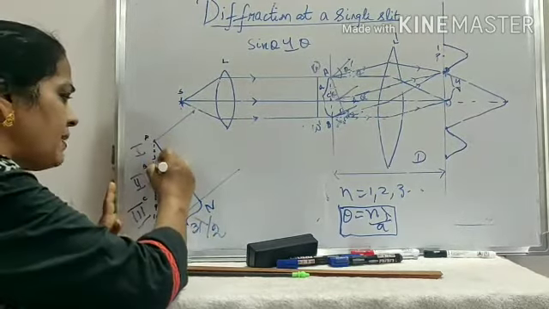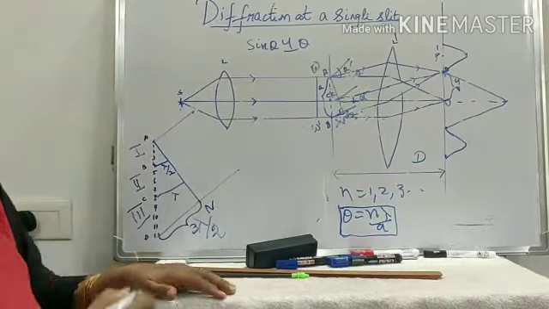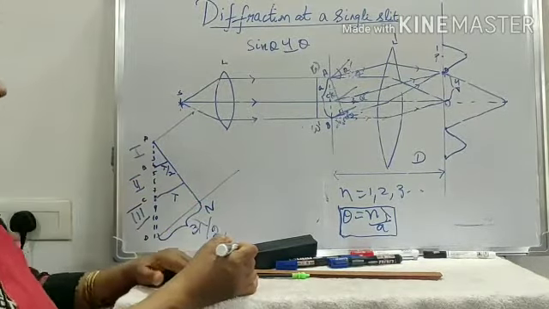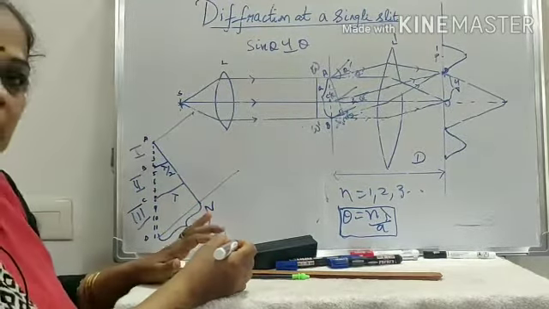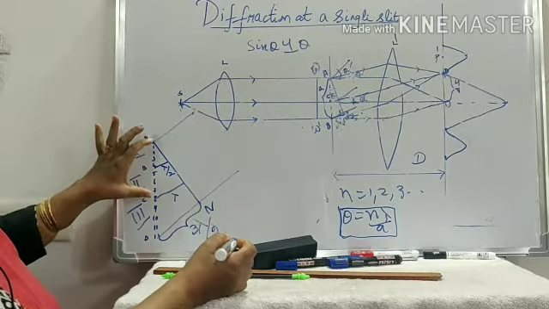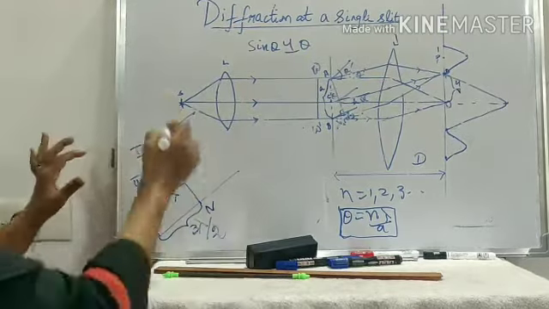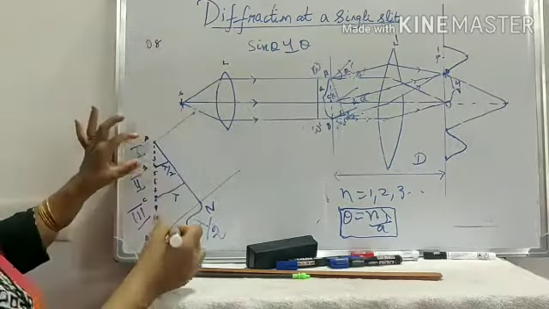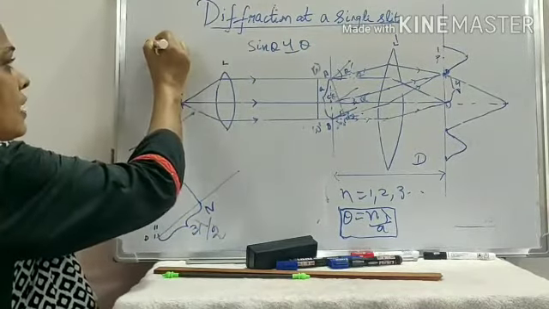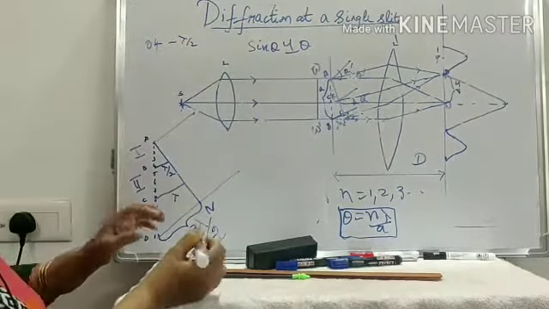What is the path difference between 0 and 4? It has to be lambda by 2. So we have divided the slit into 3 equal parts. Now, if you consider the first 2 parts, the secondary wavelets from them interfere destructively. That is, if 0 and 8 superimpose, you get lambda. But if 0 and 4 interfere, you get the path difference to be lambda by 2. What happened?